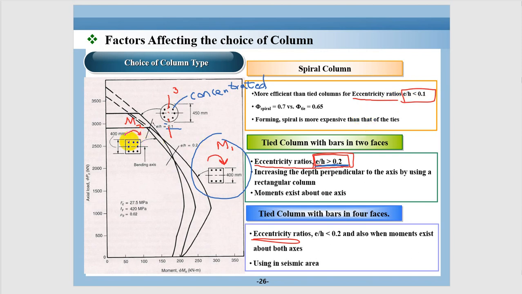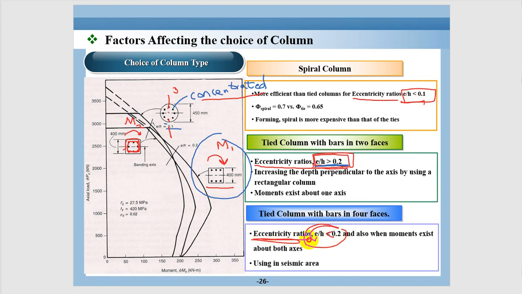And if you have a four-sided rebar layout, then your column will provide a considerably good eccentricity ratio. So I will say that this column with the four layers can be between these two cases, so it's going to be between this and this, which is around 20% or less.